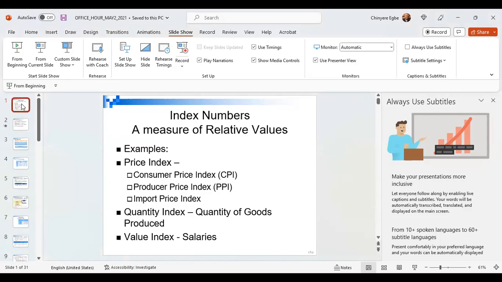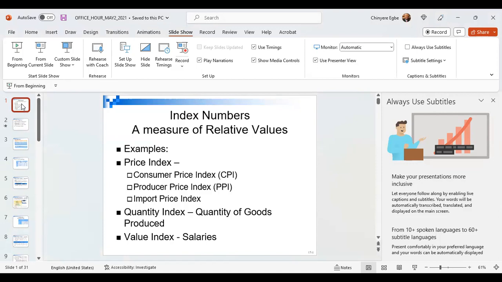All right. Now, as I was saying, index numbers help us to make comparisons, but it is actually a measure of relative values. How does one number compare to another one?